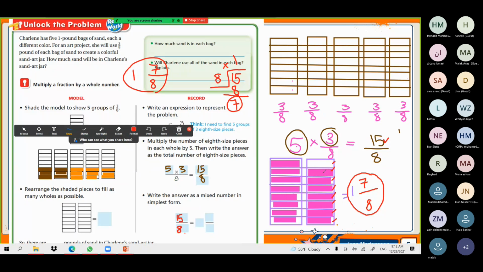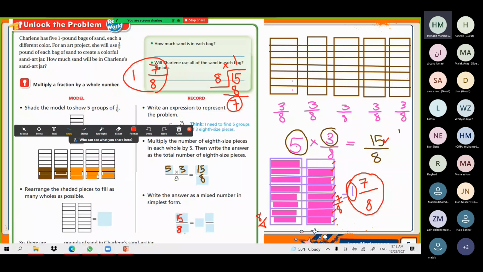In the first class we have 8 out of 8, and in the second class 7 out of 8. The 8 out of 8 we keep as 1, because 8 divided by 8 is 1. And the 7 over 8 we keep as it is. So you can rewrite it as 1 and 7 over 8.